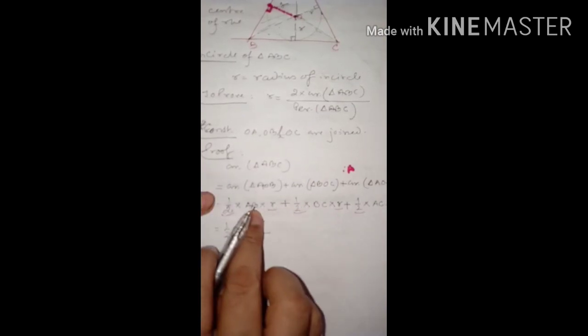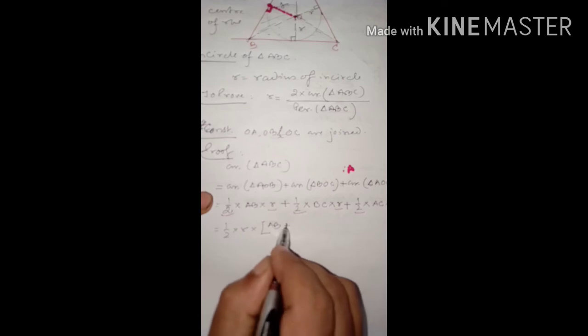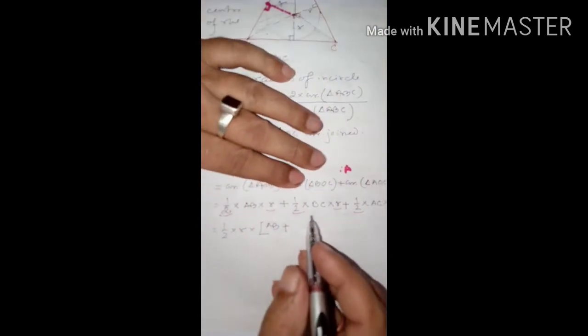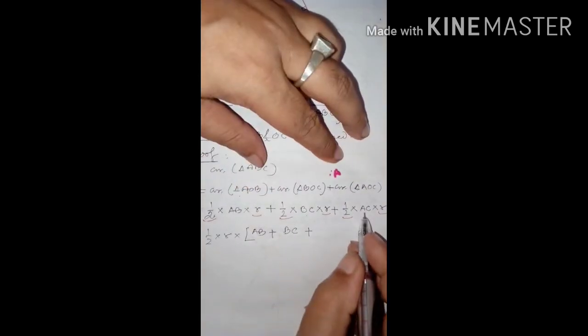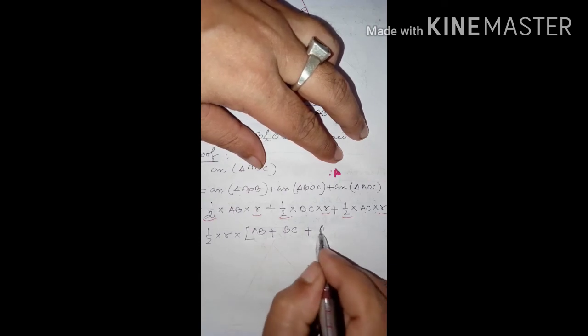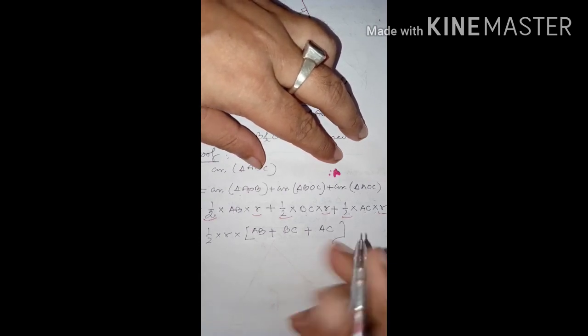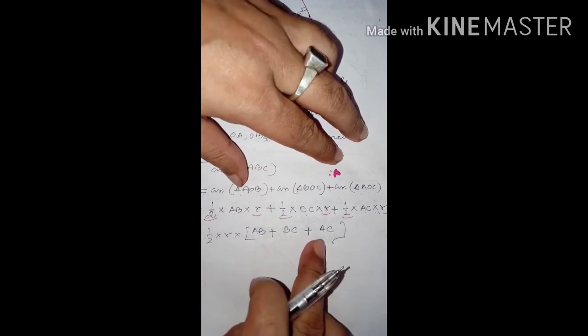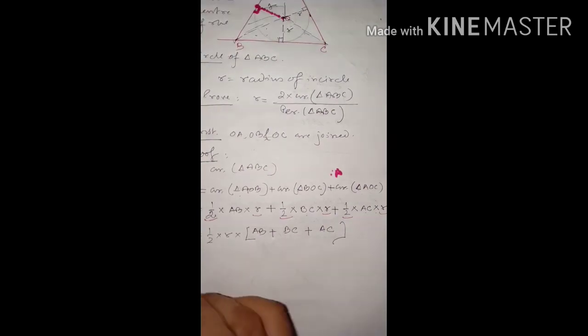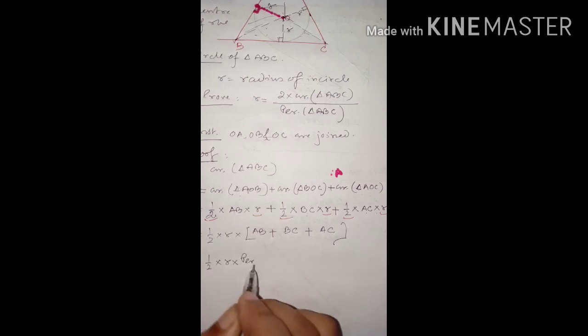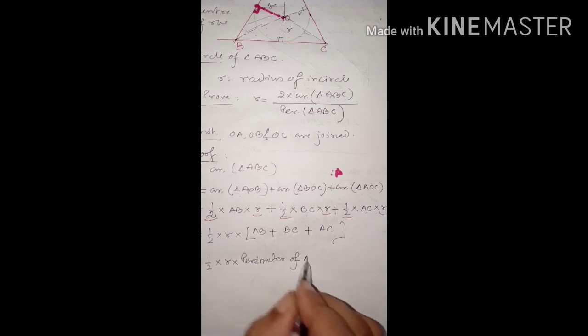AB plus BC plus AC. So half into R into (AB plus BC plus AC). The sum of the three sides of a triangle is called the perimeter of the triangle. So it is half into R into the perimeter of triangle ABC.